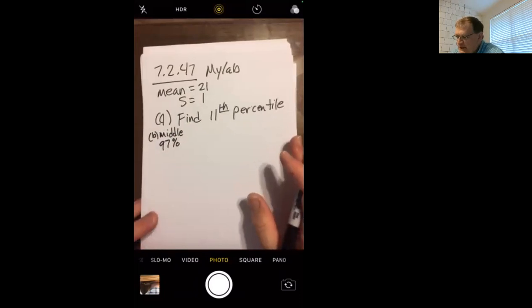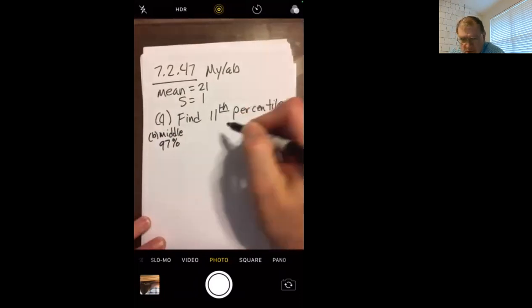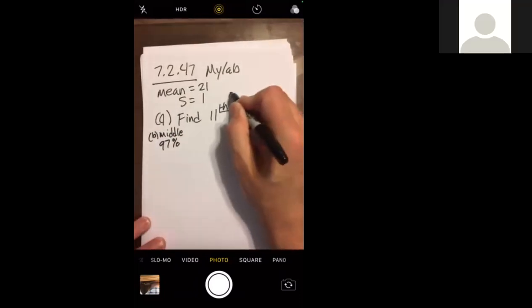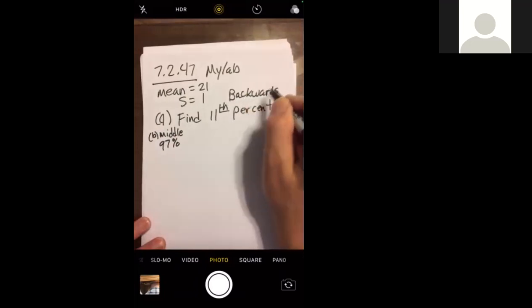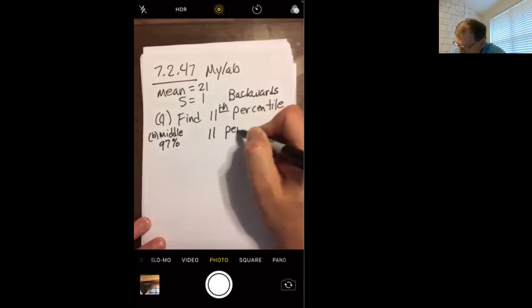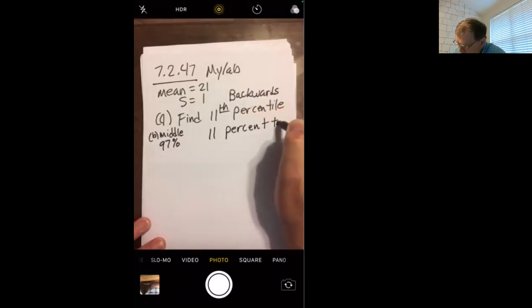Do you recognize this? These are backwards problems. This is 11% to the left.